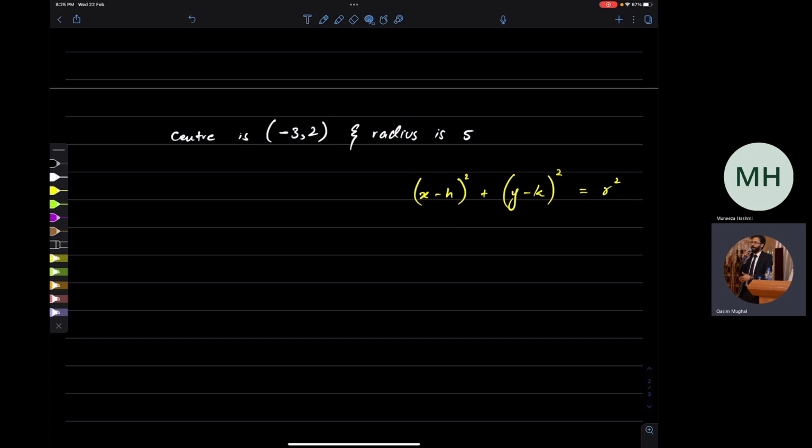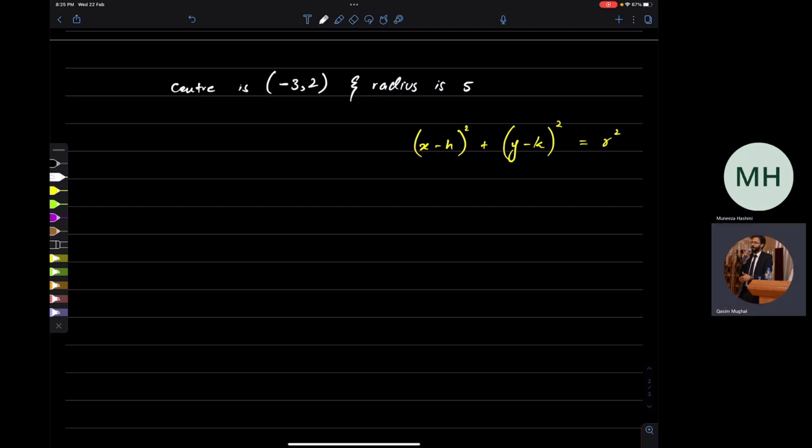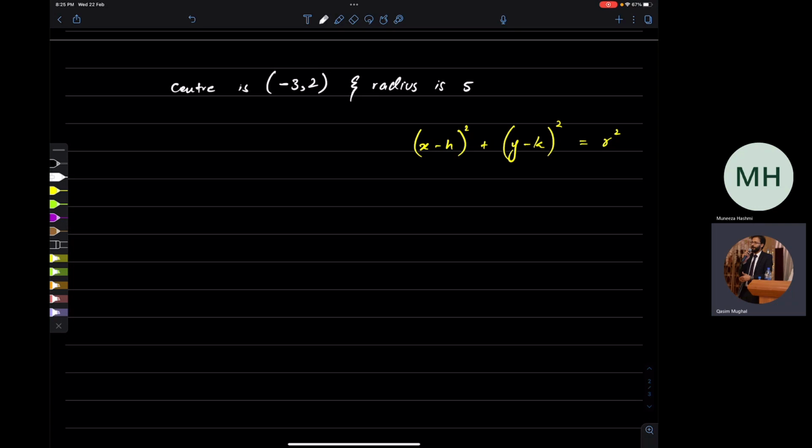So what would be the equation of the circle? It should be (x plus 3) whole squared plus (y minus 2) whole squared equals 25. Very good, shabash.